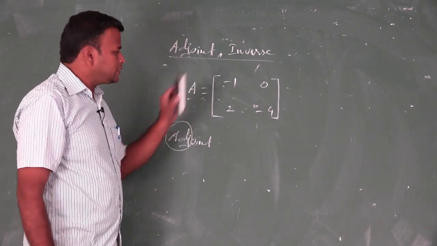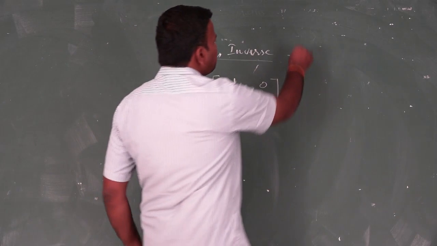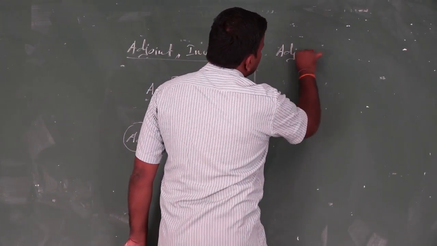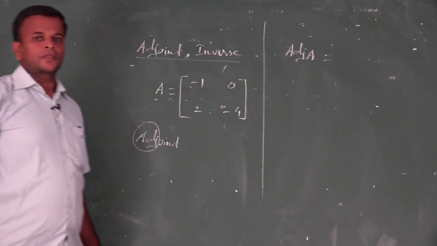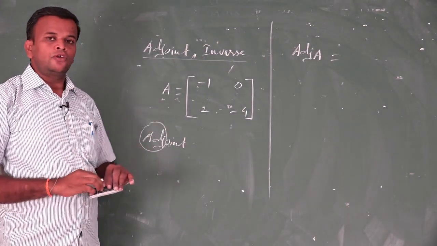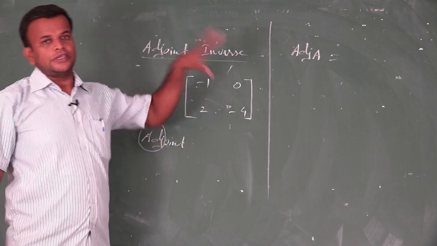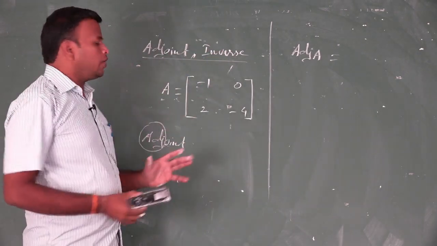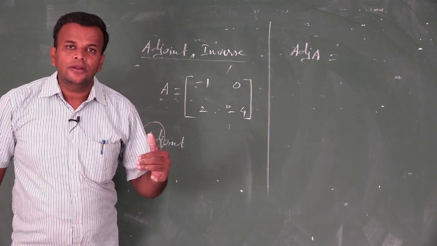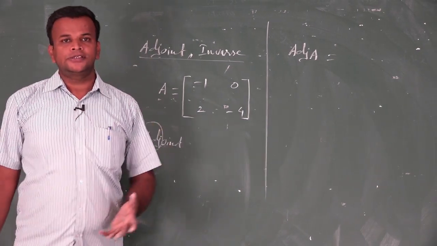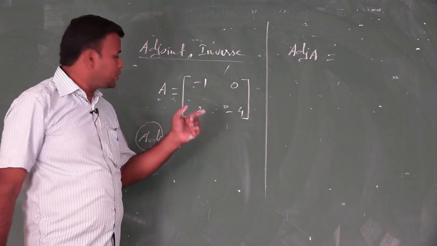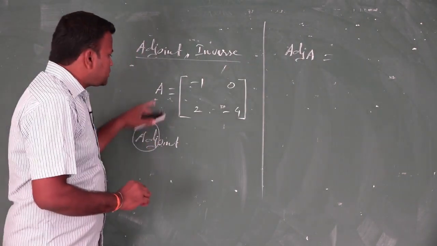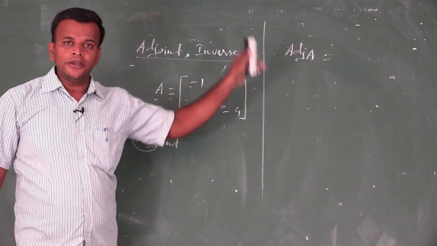So the adjoint of the matrix A is denoted by adjoint A. Given matrix is A. To find the adjoint of the given matrix A, it has some working rule, but I will tell it in shorthand form, how to find the adjoint of any 2 by 2 matrix. Now we find the adjoint of the matrix A, so I write adjoint of A. Suppose the matrix name is B, we write adjoint B.